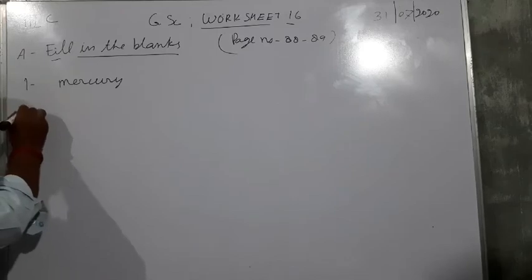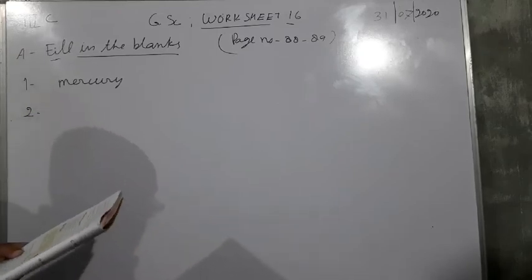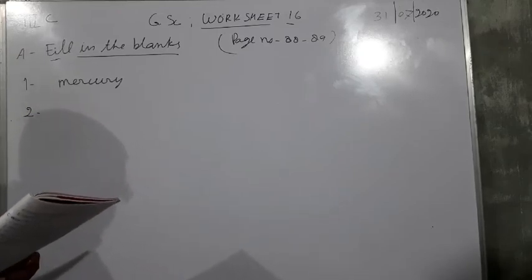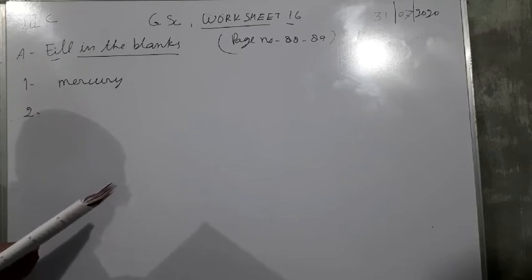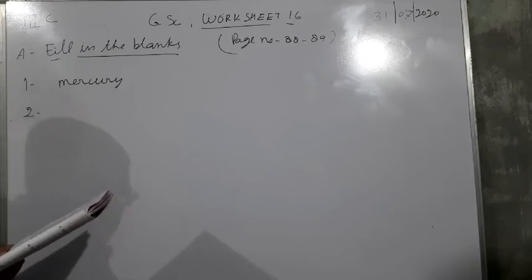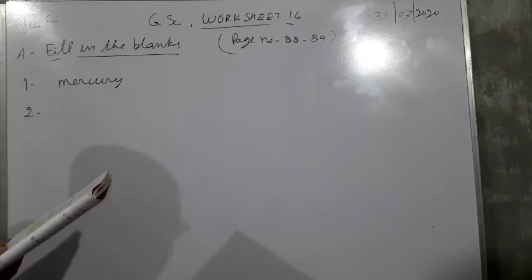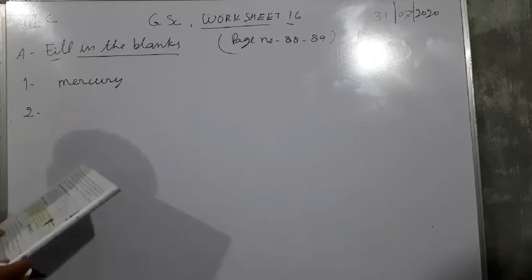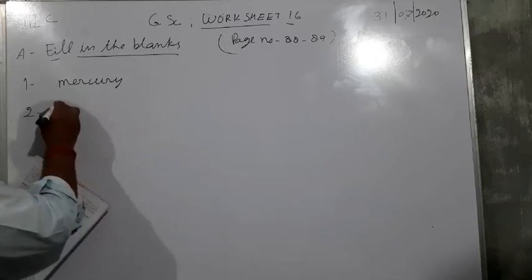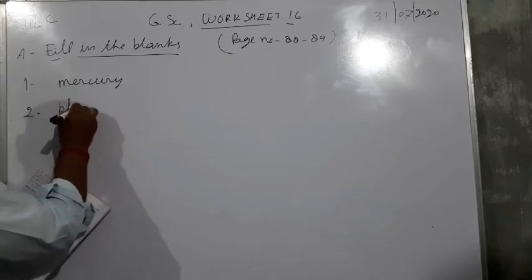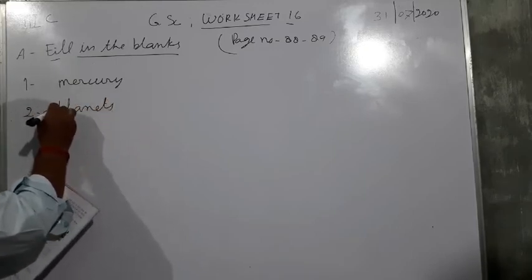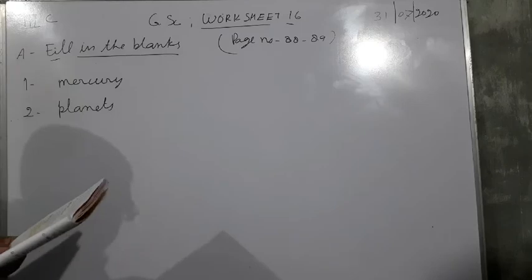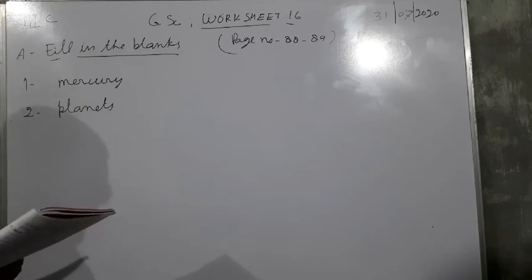Now second, what you have to fill: the Sun and its family of 8 planets make up the solar system. So you have to fill the planets. Planets make up the solar system.